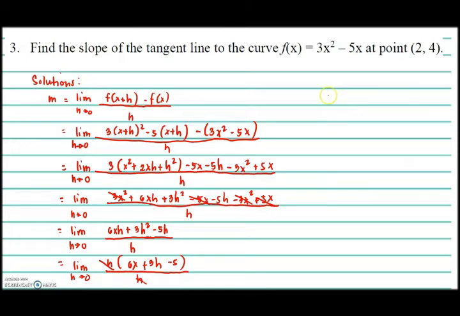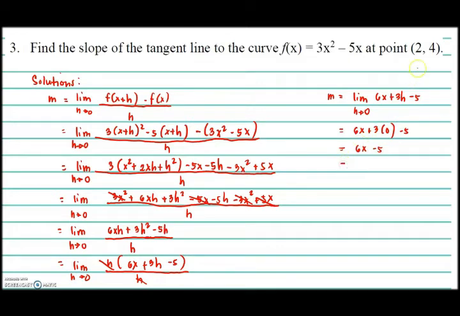So we are left with the limit of 6x plus 3h minus 5 as h approaches 0. Okay, so for the limit by substitution method, we have 6x plus 3 times 0 minus 5. So you have here 6x minus 5.